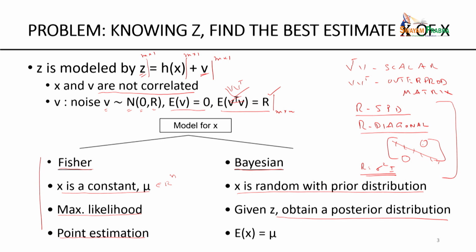So there is a random variable x. The observation reveals information about the random variable. The random variable is such that its expected value is mu. Mu is the mean of the unknown random variable x.